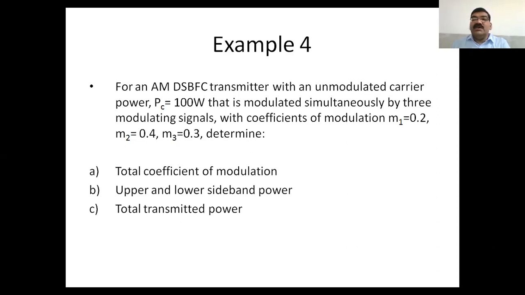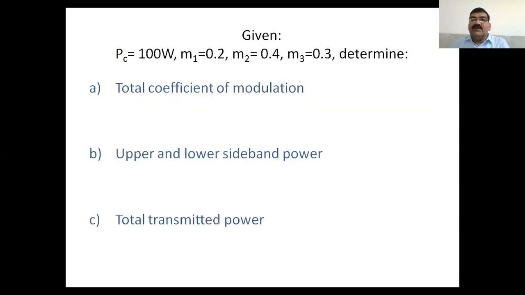So the very first is the total coefficient of modulation. Then upper and lower sideband power, and total transmitted power. We will go one by one. I will write the given parameters, that is power given is 100 watt.